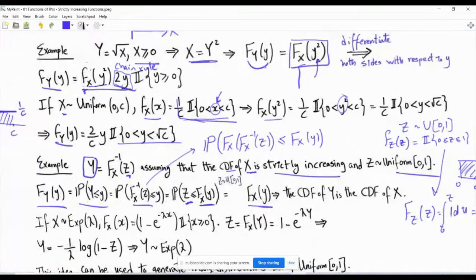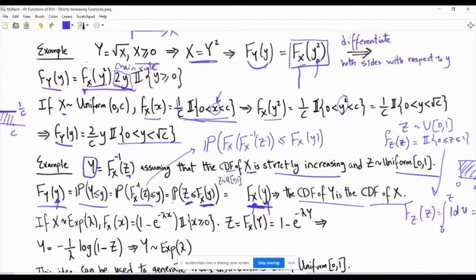So if we go back here, the probability that big Z is less than or equal to something is exactly equal to this thing, again because Z is uniform 0, 1. So basically the CDF of Y evaluated at small y is the same as the CDF of big X evaluated at small y. So the CDF of Y is the same as the CDF of X.